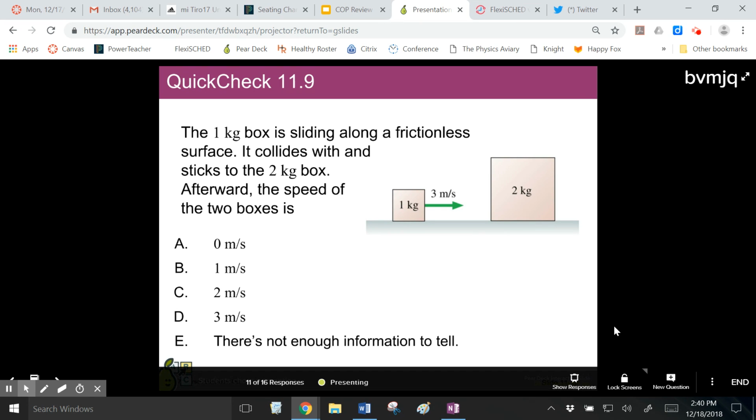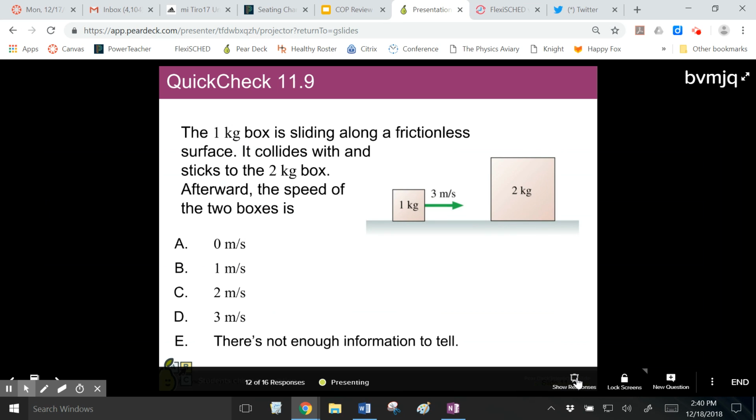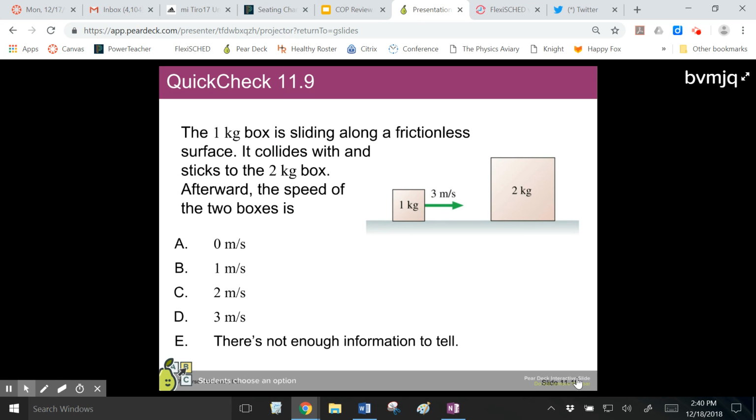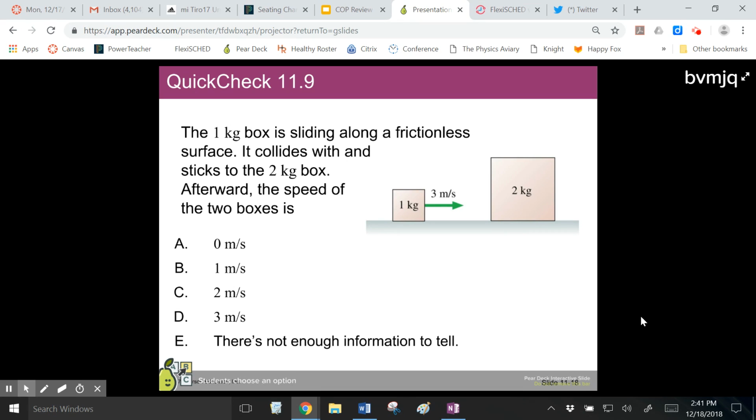And nobody struggled with this. Everybody's got B for this one. Because why? Pear Deck said so. Who's got me? Emma, what you got? So the boxes stick together, so after the collision you treat them like they're the same object.